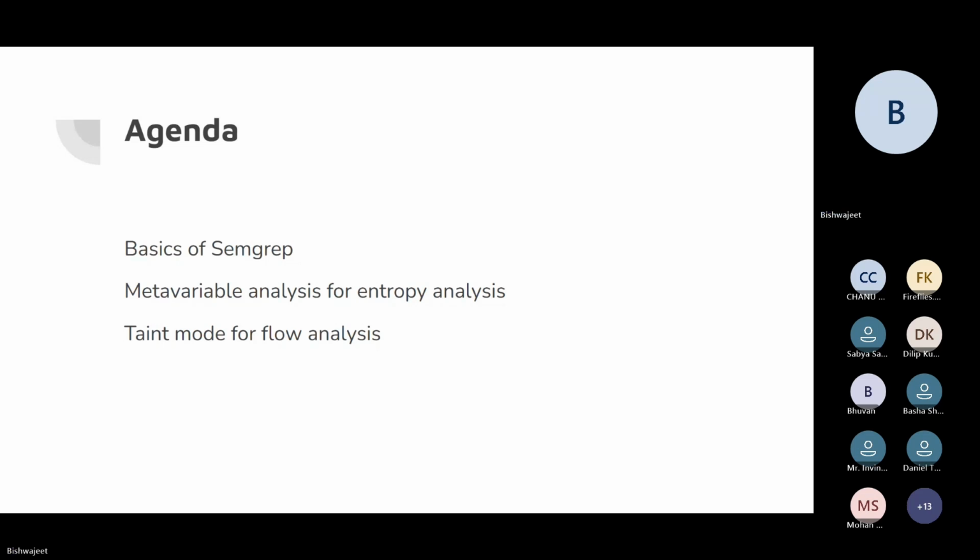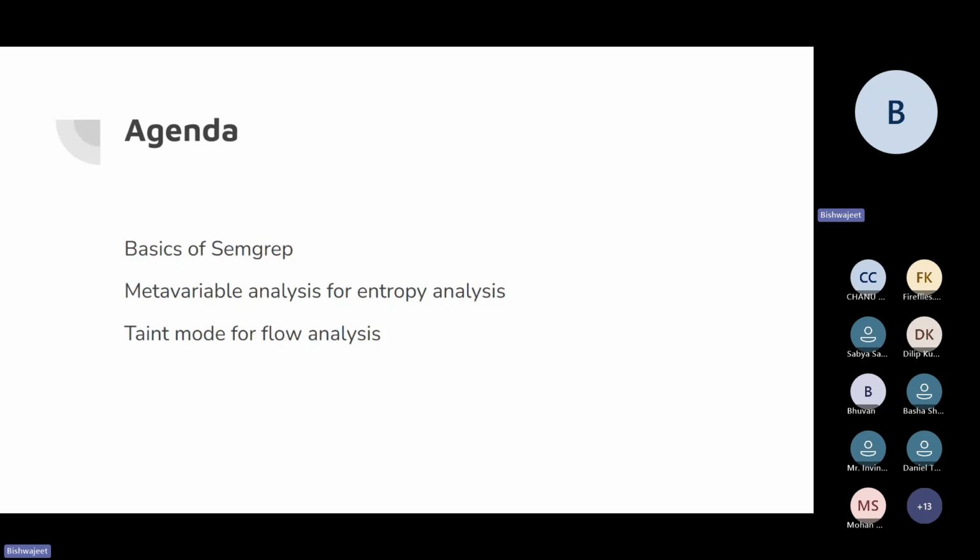So entropy is like a random string. The purpose of entropy analysis is basically for when there are hard-coded secrets like passwords, API keys, or any other secrets in your code. So it is like a random thing.